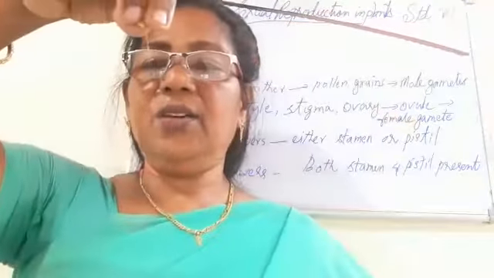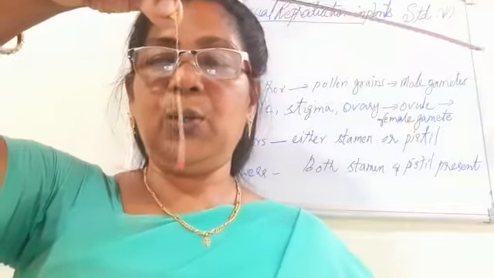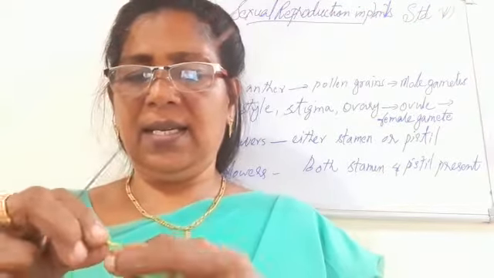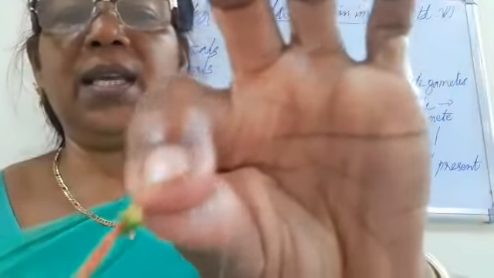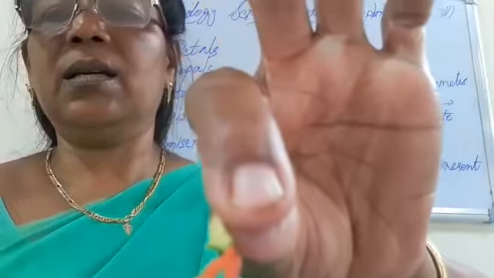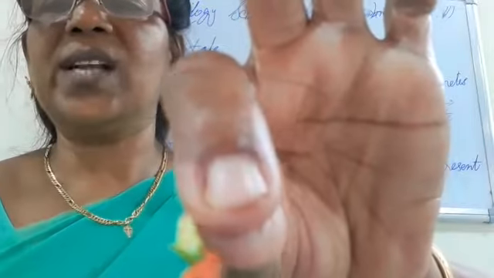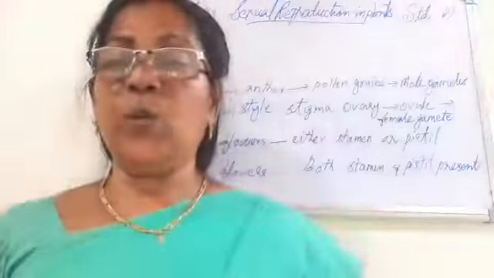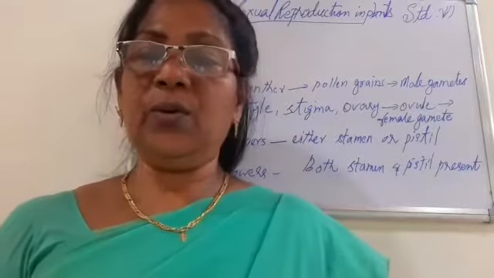Pistil is the female reproductive part of a flower. And inside the ovary, you will be able to see oval structures known as ovules, and these ovules grow into seeds.